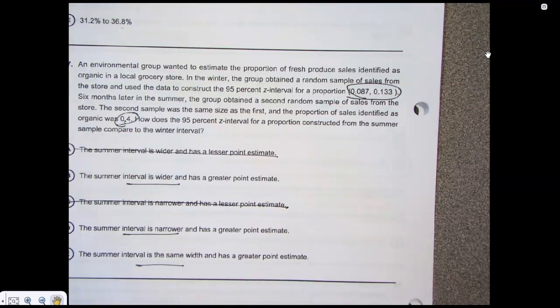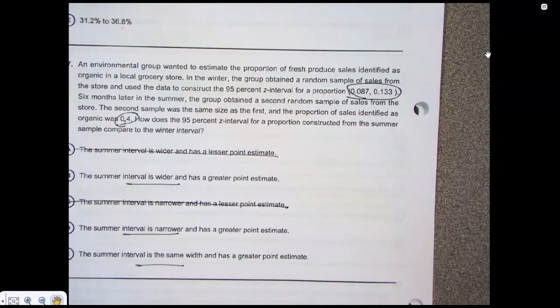Take a second and find that point estimate. How do you do that? It's the average of those two numbers, right? So add them up and divide by 2. 0.11, yes?